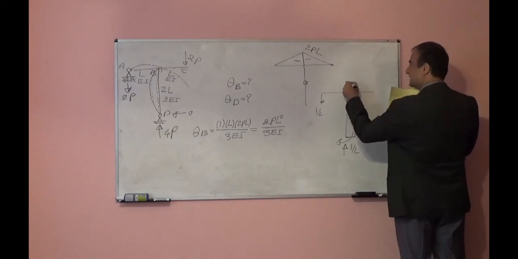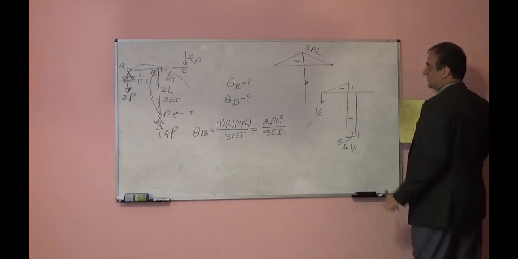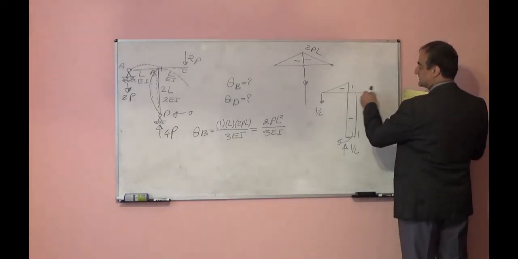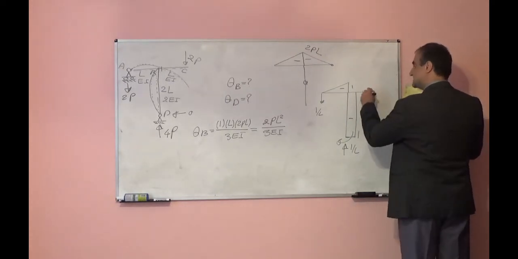Here will be again 1. This will be 0, because the BC part is a free part, there is no force perpendicular to the BC, no moment, this is 0.